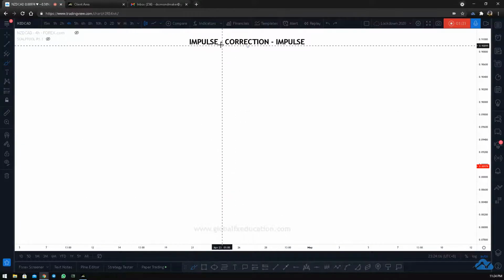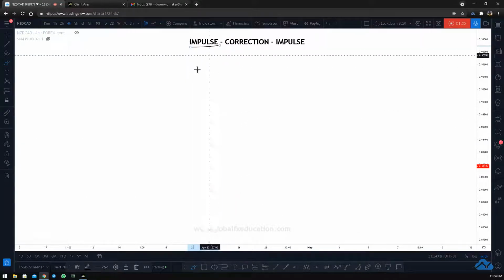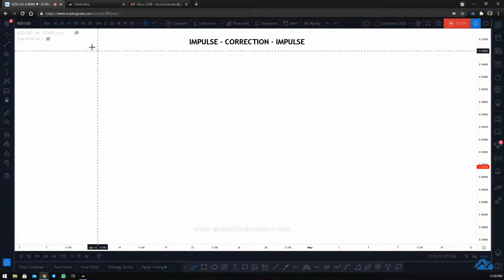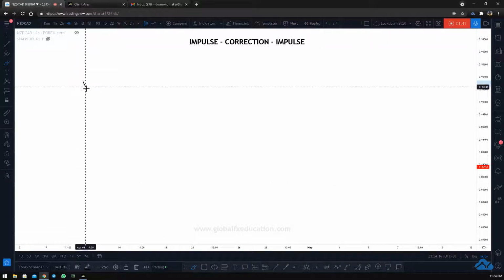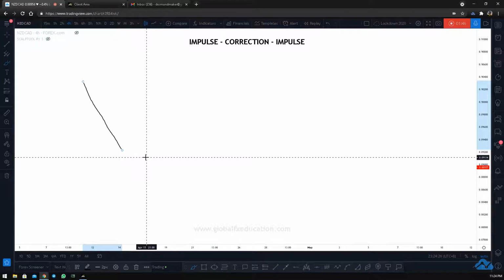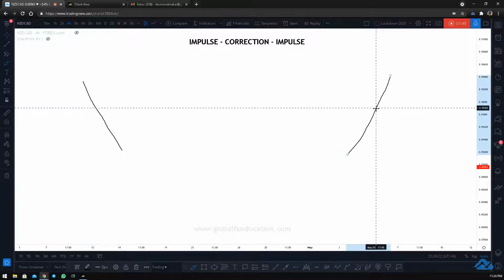Now, a very important concept is that we need to understand what an impulse is. So I'm going to explain to you what exactly an impulse is. An impulse, for example, is a strong movement, whether it is to the downside in a bearish market or to the upside if it is in a bullish market.